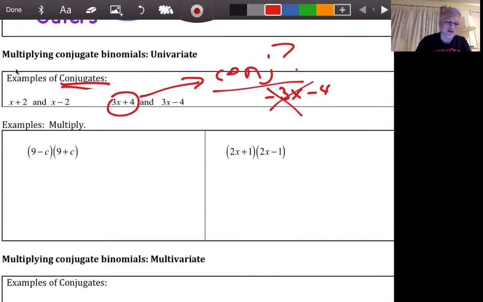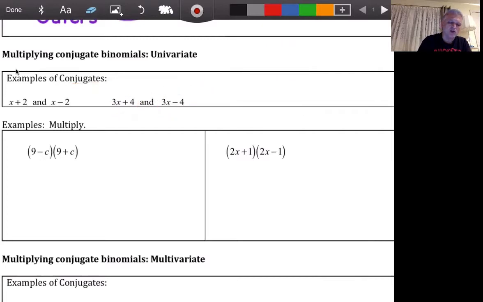The positive 3x is going to stay positive 3x, and the actual conjugate is going to be 3x minus 4. So now that we know what conjugates look like, 2 binomials where the first term and the second term are the same, but the sign between them is different, we're going to have a little fun multiplying them now.